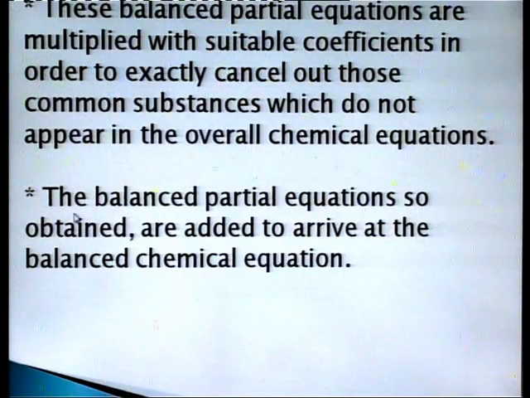And in the last step, balanced partial equations so obtained are added to arrive at the balanced chemical equation, means finally we have to change those partial equations which are being balanced into the overall balanced chemical equation. So, these are the 4 steps which are to be followed during partial equation method.